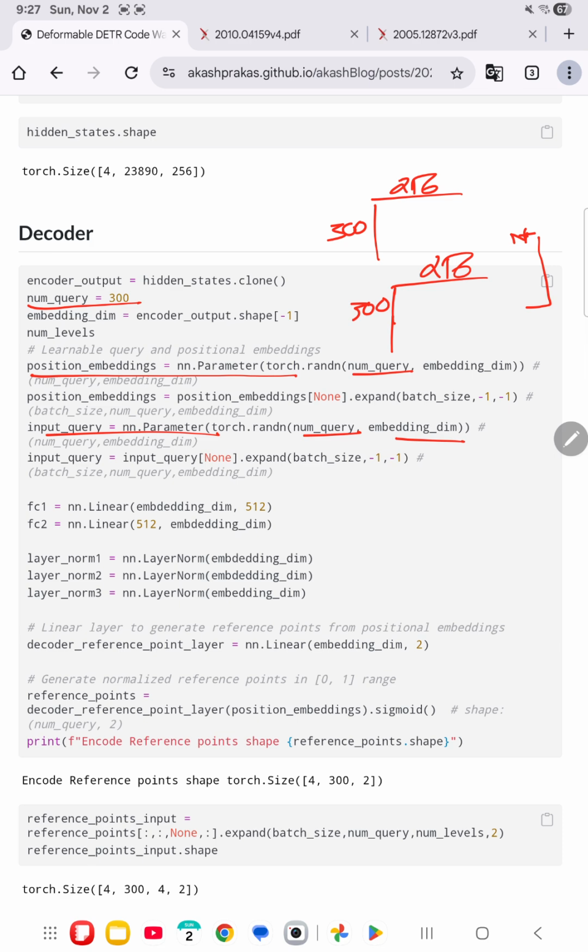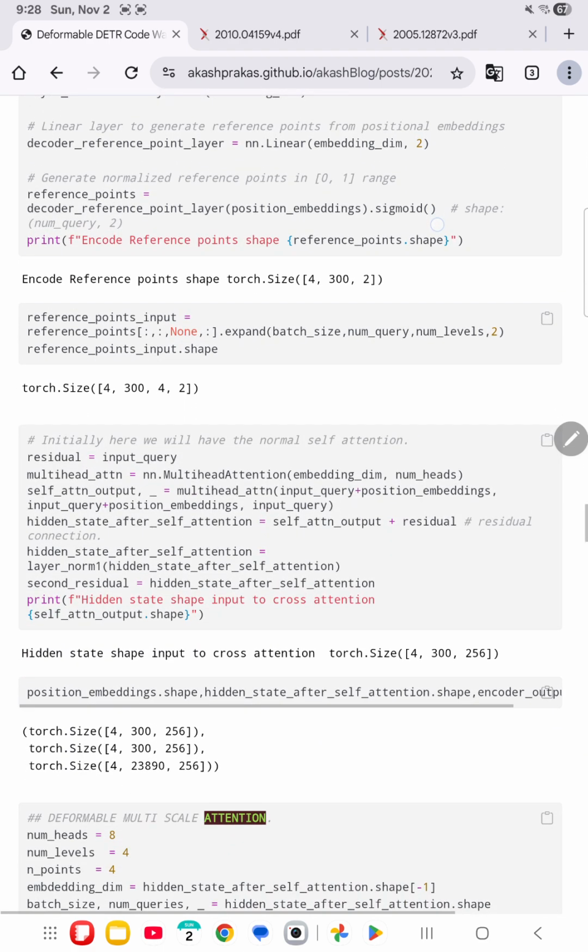So the first point you need to understand here is that this input query plus positional embedding is passed through a multi-head self-attention. So the initial layer is similar to what we have in DETR, which is a multi-head attention.